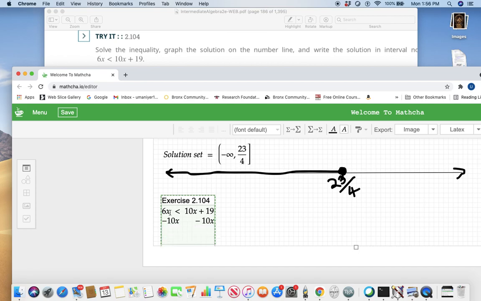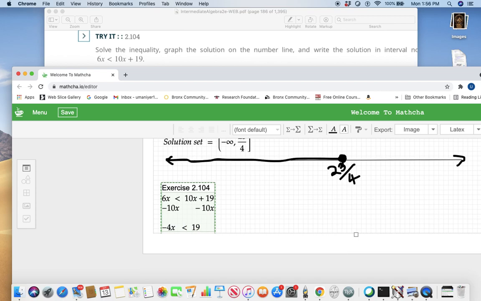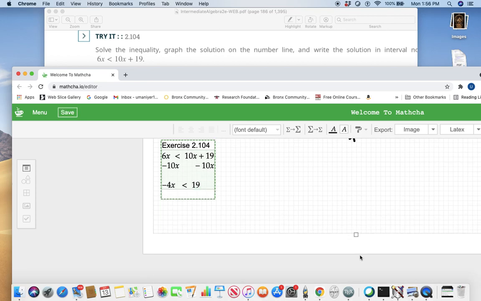Okay, 6x minus 10x is negative 4x is less than. 10x minus 10x cancel. You are left with 19. Now divide both sides by negative 4.